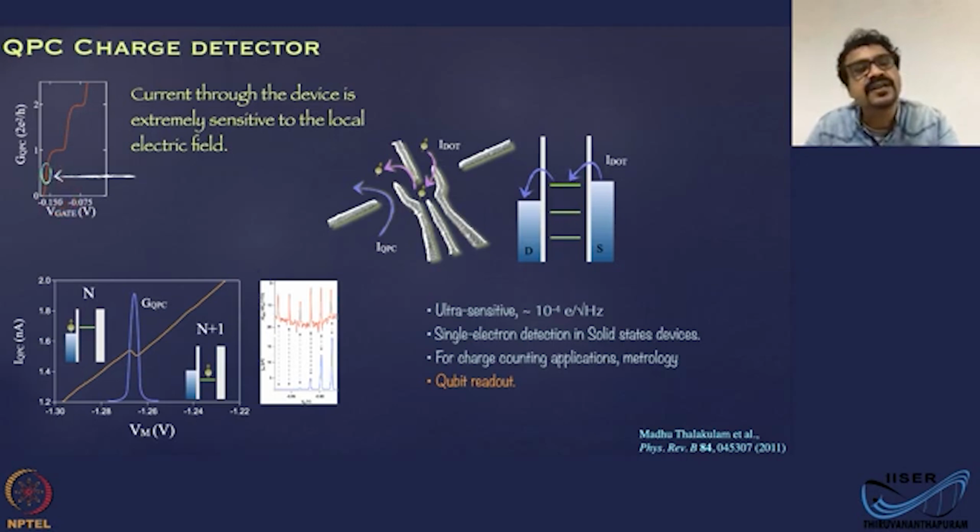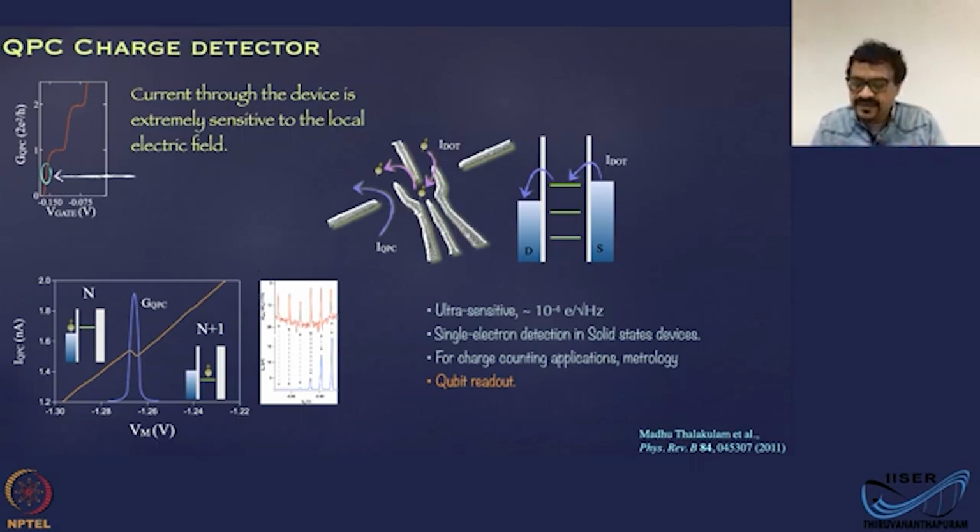It's a highly nonlinear device, which is what you need for any kind of sensing application or detection of charges. Because here a small change in the gate voltage means a really minute change in the electric field. So the point is that a small change in the electric field, or a charge configuration in the vicinity, can give you a change in the conduction.